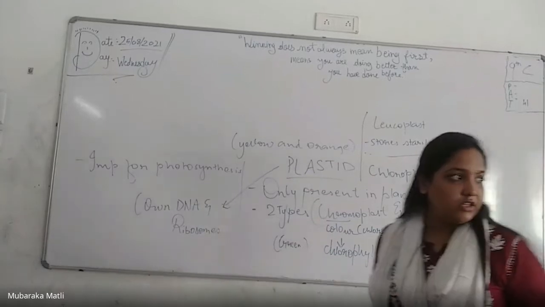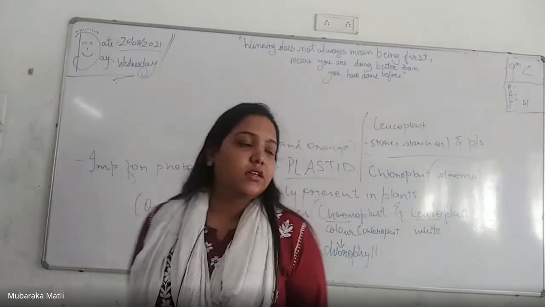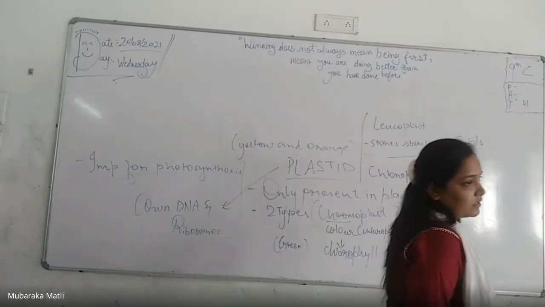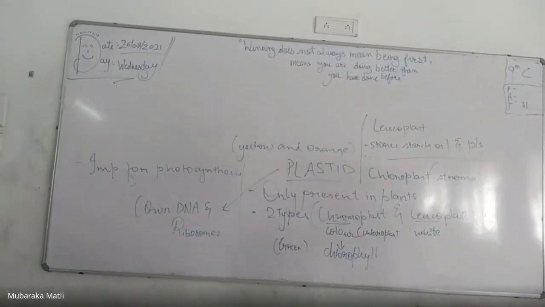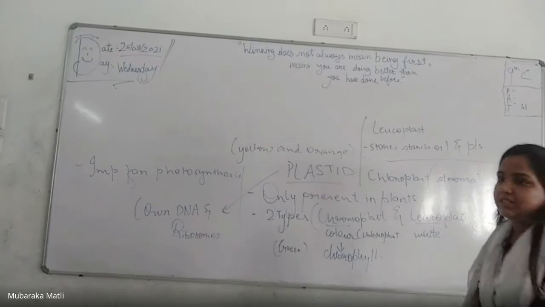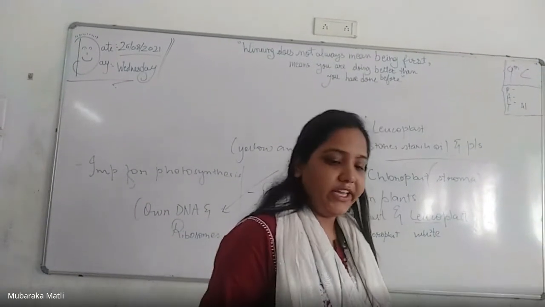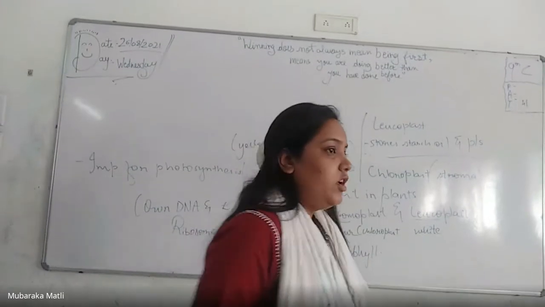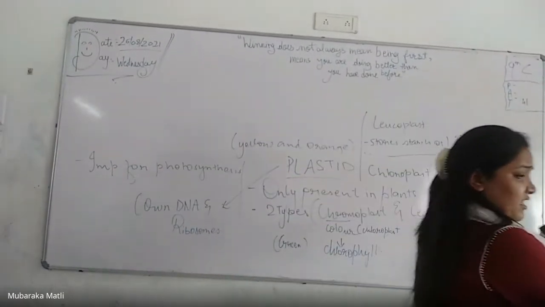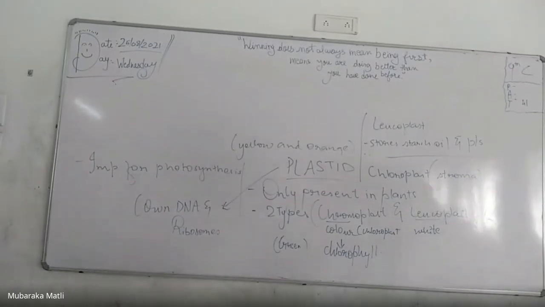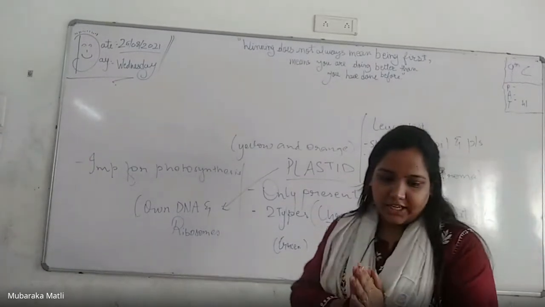What are they used for? Protein granules. Very good. And another particular thing about plastids is own DNA and ribosome. Which other organelle has their own DNA? Mitochondria. Very good. Okay, done.